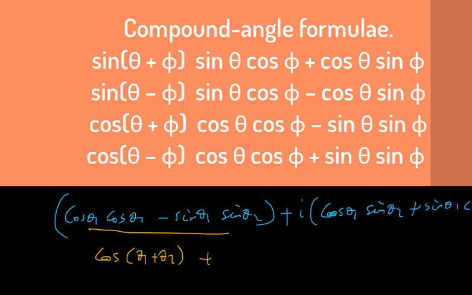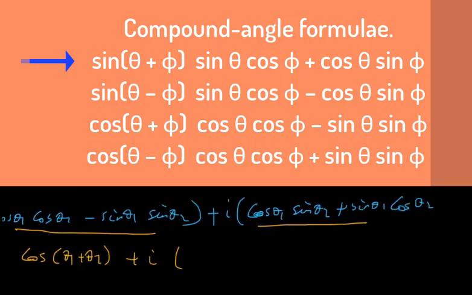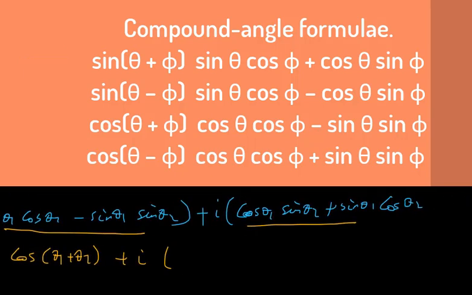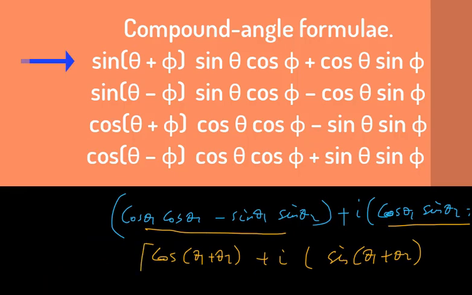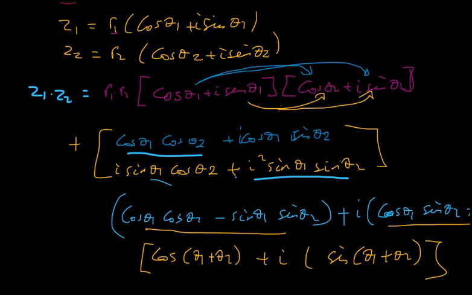Plus i into, again, the angle sum for two different angles, so this is the same as sine of theta 1 plus theta 2. So finally we have this result, with the product of the moduli. This gives the product of the two complex numbers.